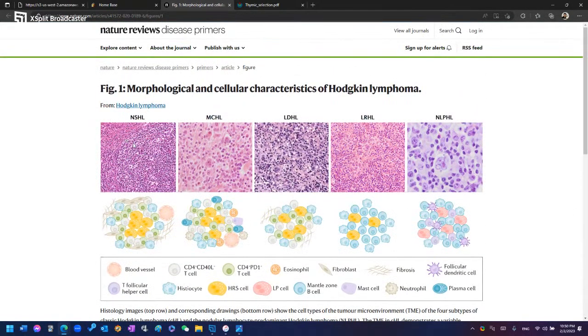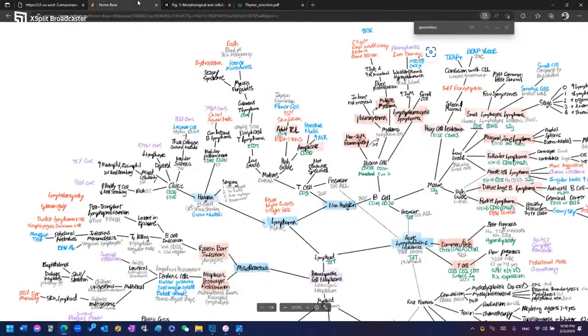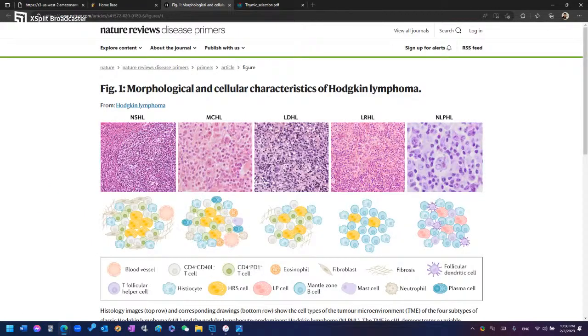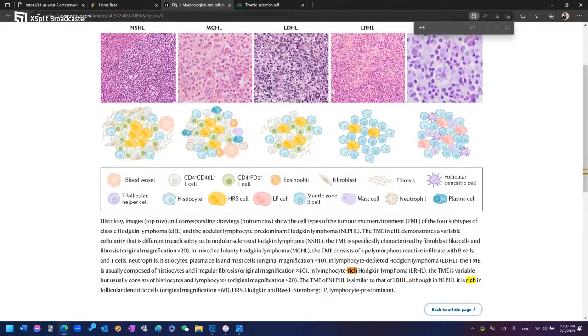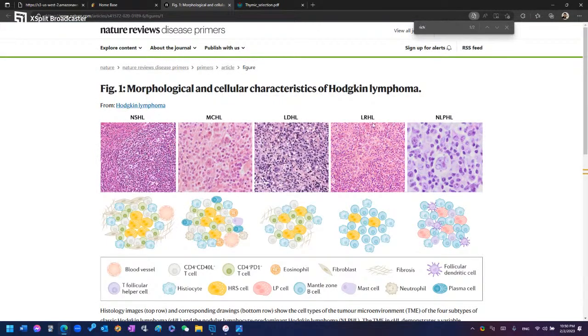So this one's actually nodular sclerosis. I want to start with rich. So where's the rich? Rich, LRHL. Here.